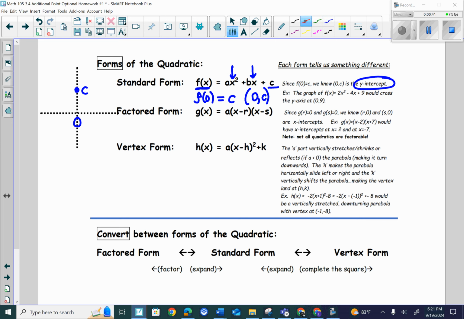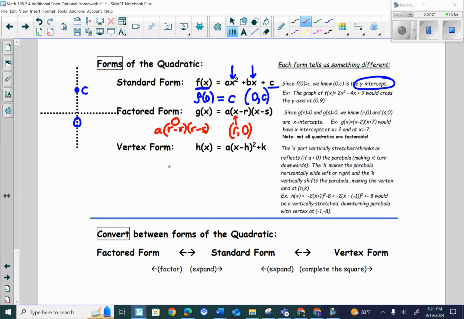And if I look at factored form, I have a times x minus r times x minus s. Look at this. If I let x be r, to zero out that factor, whatever value I put in for x that zeroes that factor out is going to make the entire function equal 0, because if I have r minus r times r minus s times a, that's going to be 0.